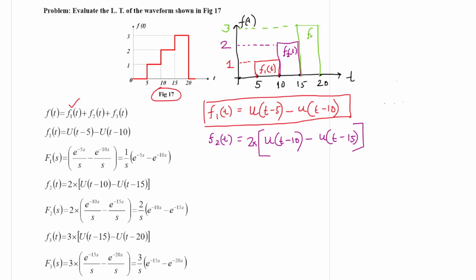So f3(t) can be written in a similar manner as 3 times u(t minus 15) minus u(t minus 20). So now if you add f1(t), f2(t), f3(t), you should get a waveform like this. It is a staircase like waveform, you should observe.